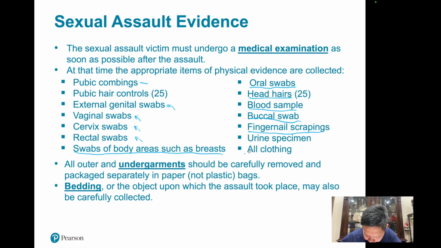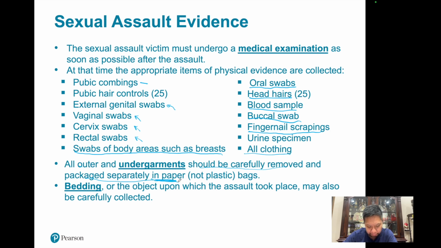A urine sample and then all the clothing, because sometimes whenever a sexual assault occurs, the victim may not be completely declothed; they might still have some clothing on them, and during the sexual assault, the perpetrator could ejaculate and leave behind semen or seminal fluid on the clothing of the victim, right?